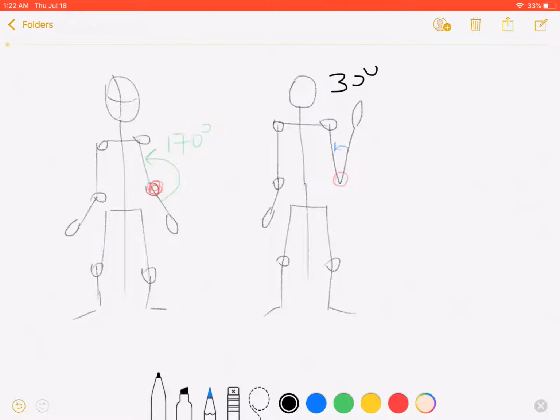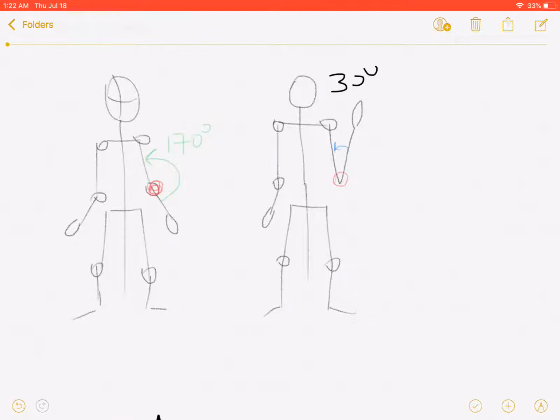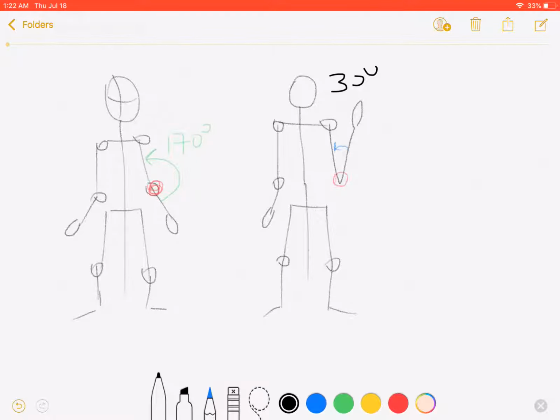The same thing happens with the knee. If I were to flex this knee over here, I would have to erase this and reconnect here, and we're going to flex it.